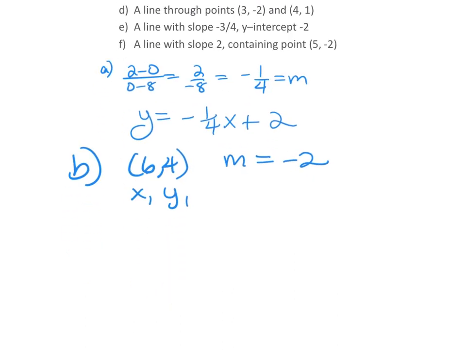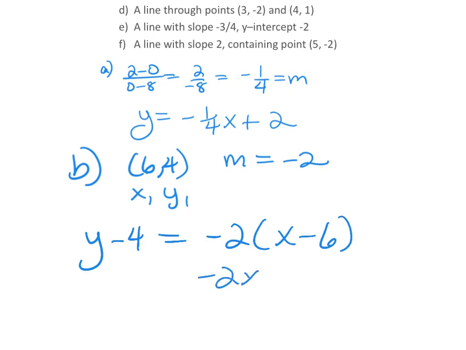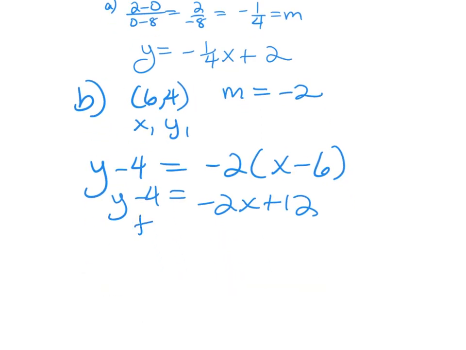Let's put it into point slope. So y minus 4 equals -2 times x minus 6, distribute, rewrite the left side, and now move the 4 over.